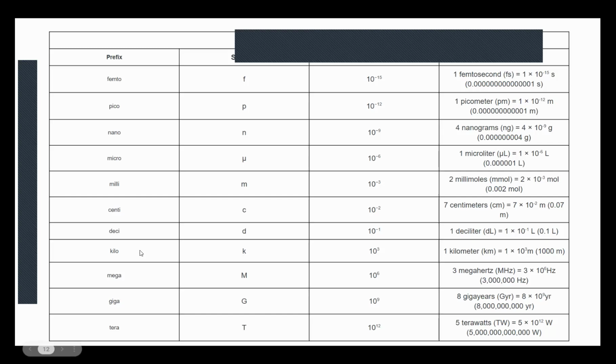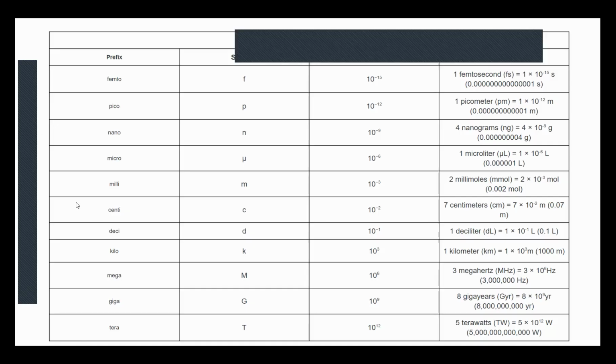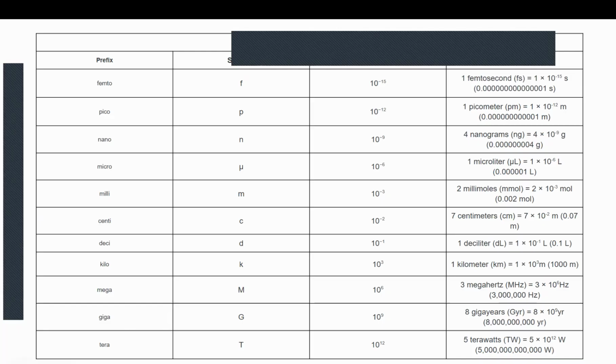Here in the US, we see mile markers and we say go a mile this way or that way. In the rest of the world, they use kilometers, and you judge distance on that. You also have gigabytes, terabytes, and megabytes that I'm sure you've heard of with your electronic devices.